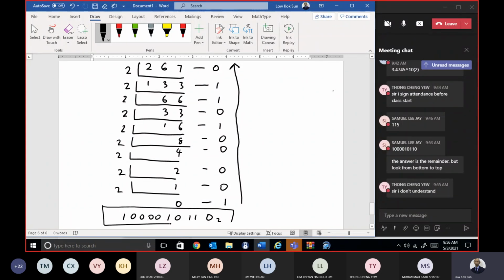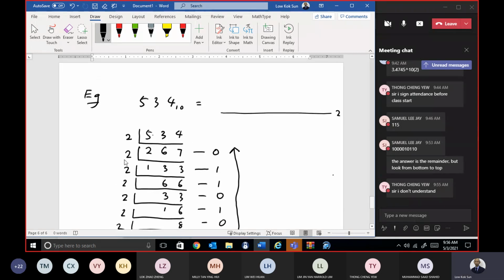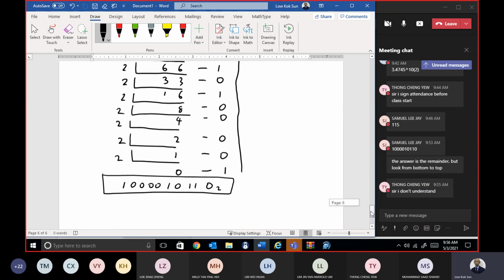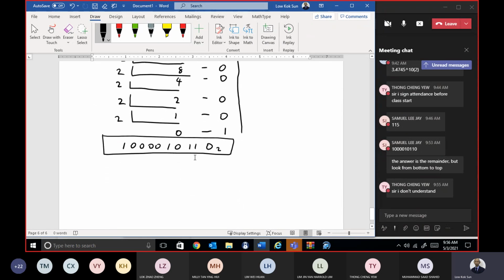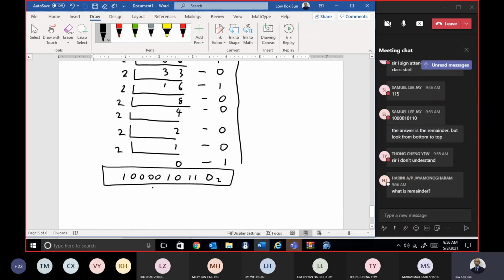Although the number looks very big, it only represents 534 in our normal value system. This is only 534, 500 something, because it's a very low value system.